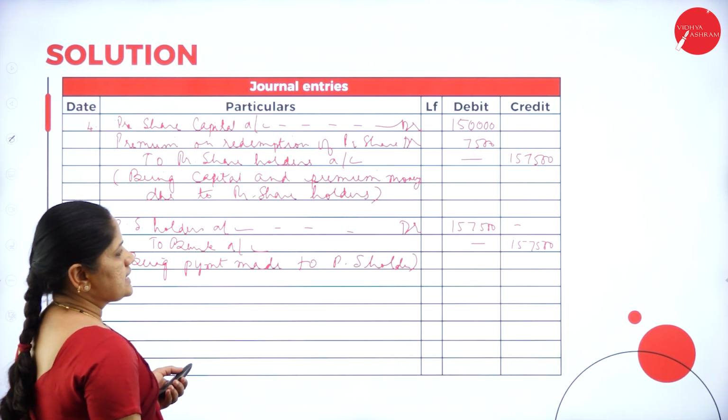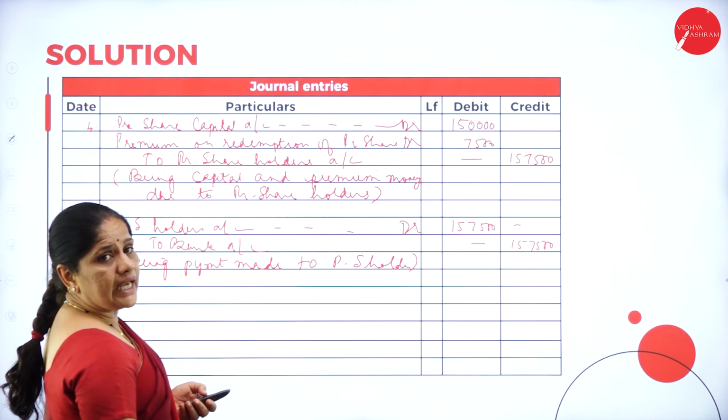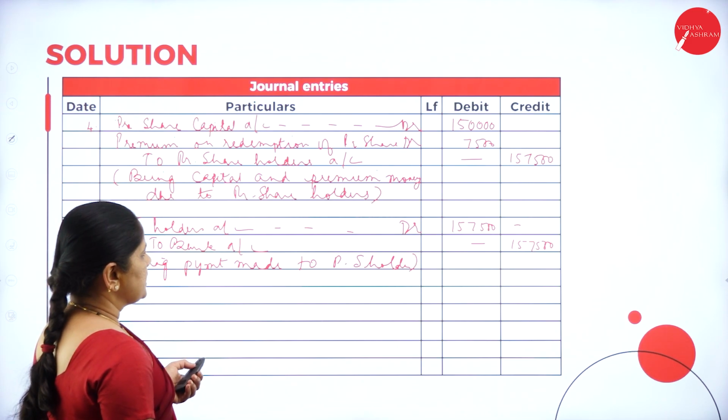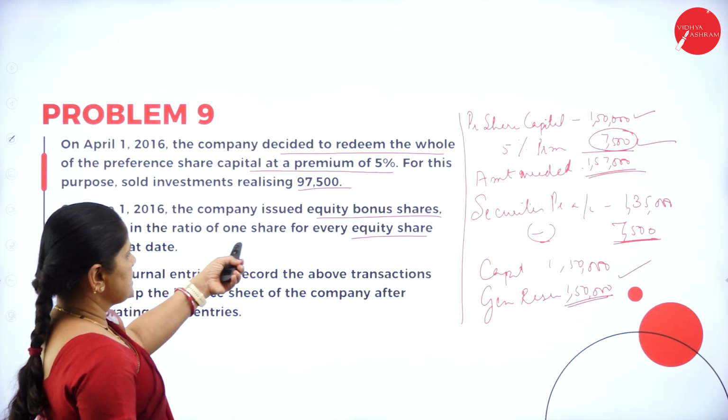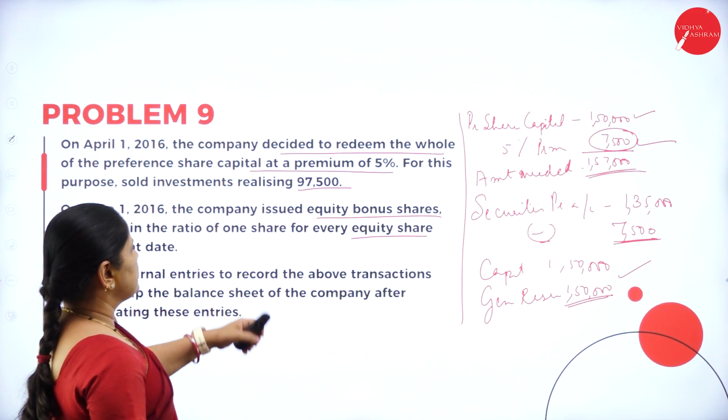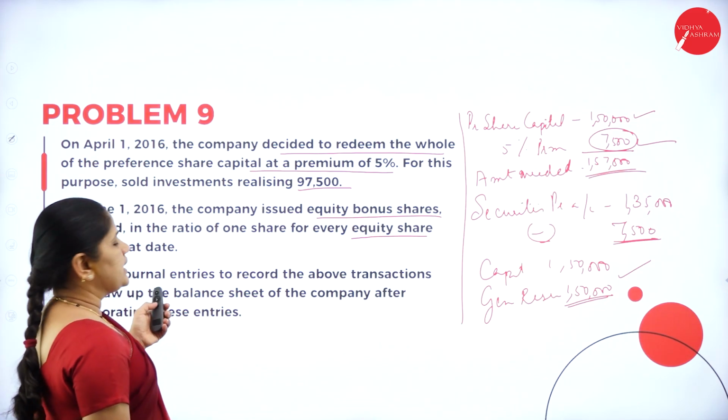Now the next entry will be for issue of bonus shares. On June 1st, the company issued equity bonus shares fully paid in the ratio of 1 share for every equity share.